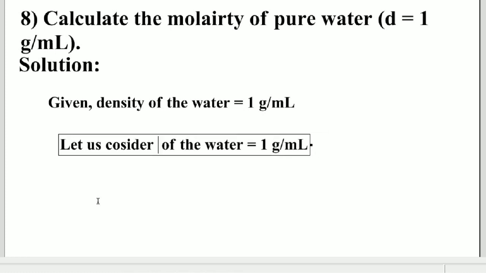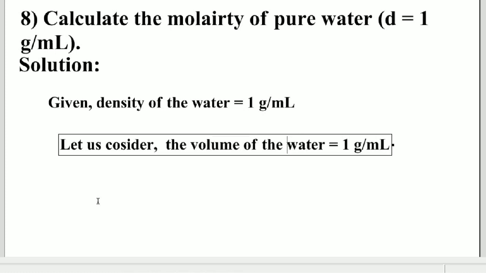Let us consider the volume of the solution or water. Here water is the only component in the given solution. Therefore, let the volume of the water be 1000 ml.